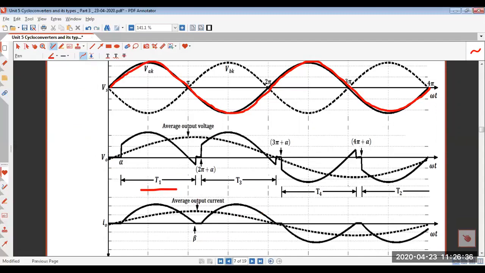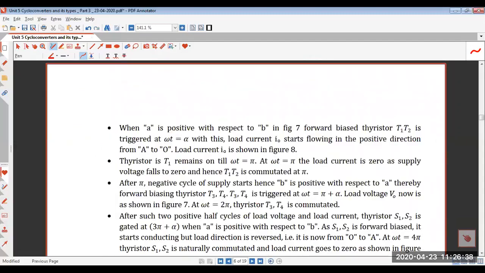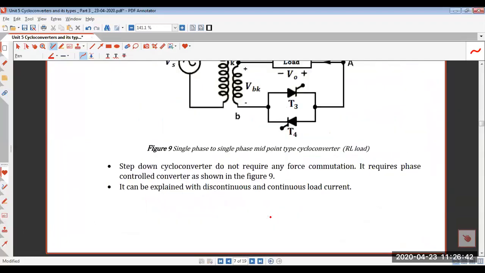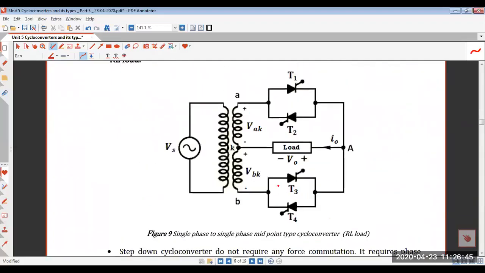Now if I go back to the circuit diagram here, for the positive half cycle of the input supply, this is forward biased and T4 is also forward biased, but we do not trigger T4 as we do it in step up cycloconverter. So for the positive half cycle, only T1 is triggered.